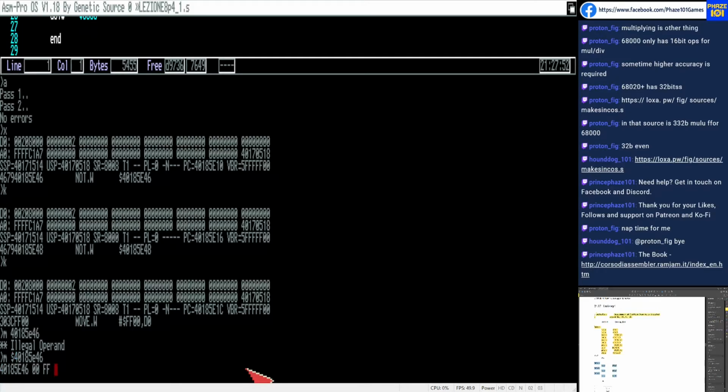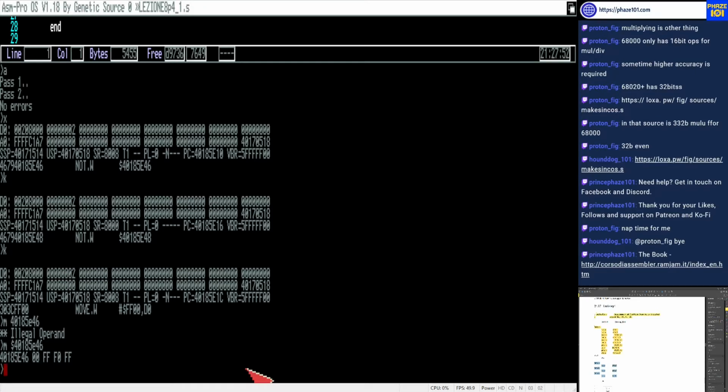So 00FF and then F0FF. Those were our memory locations, so we did a negate there. Now we're going to move FF00 into A0.